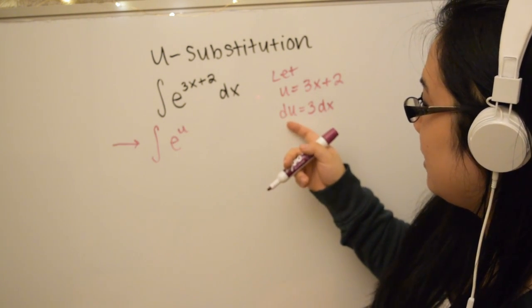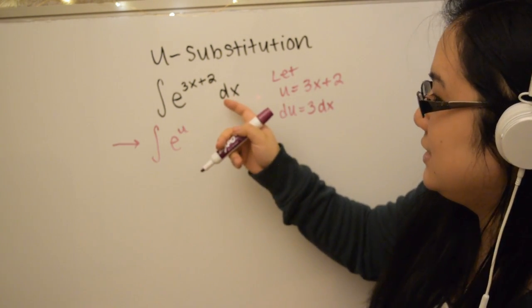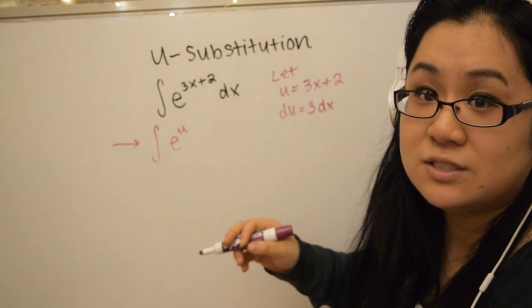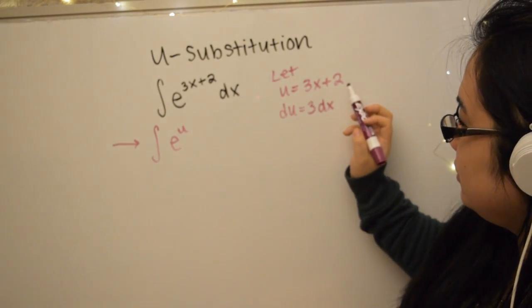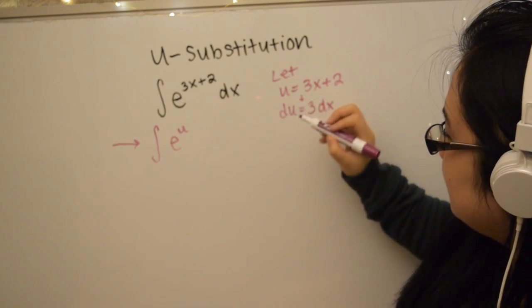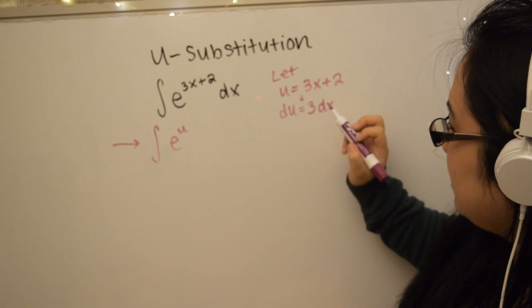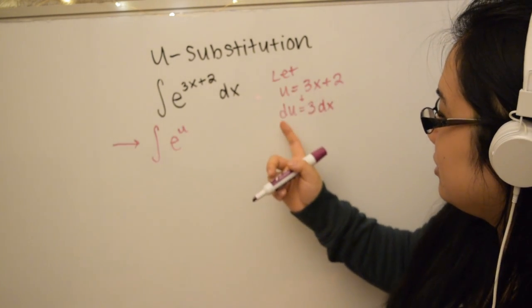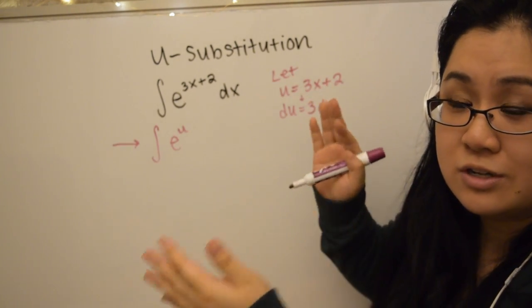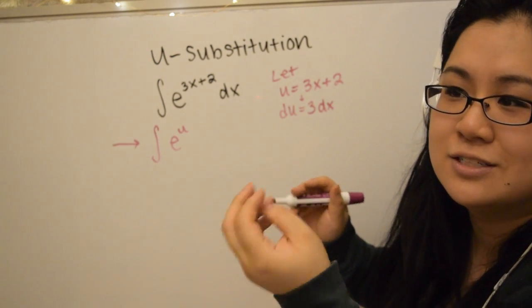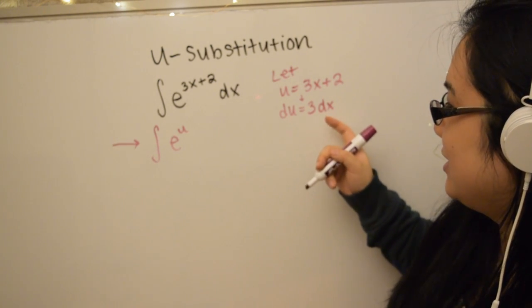Just make sure that you remember our goal is to get dx in terms of du. Okay, so u equals 3x plus 2. From that, we can get du equals 3 dx. Essentially, you take the derivative with respect to the variable on the side that you're taking the derivative on, and then throw in a du and a dx.